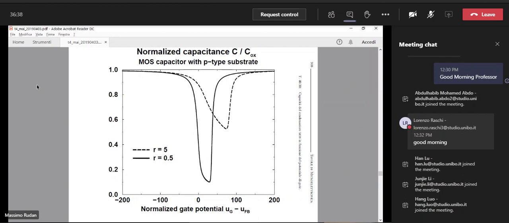So when we apply a gate potential that is very large or very negative, the total capacitance of the MOS structure is equal to the oxide capacitance, because you see that the ratio C over Cox asymptotically tends to 1 to the right and to the left.